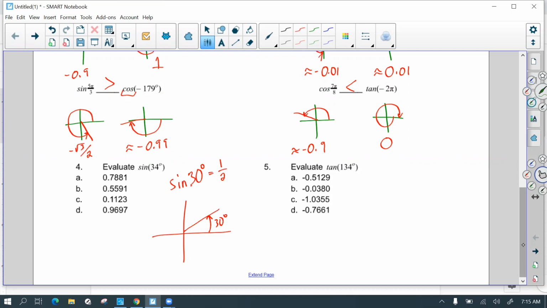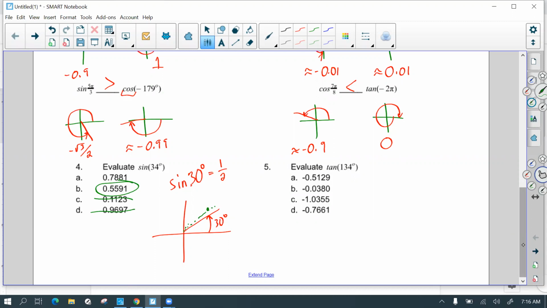Well, that means that the sine of 34 degrees, which is just 4 degrees more, the sine value has to be a little bit bigger than a half. So I'm looking at my 4 options and I want to find an option that's a little bit bigger than 1/2. That's out, that's out. B is the best choice here. That option is a little bit bigger than a half, which is 0.5.